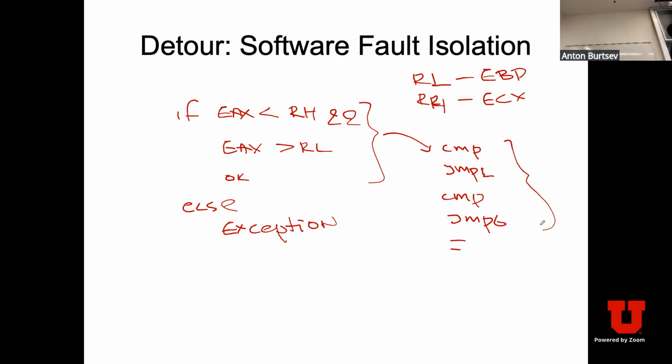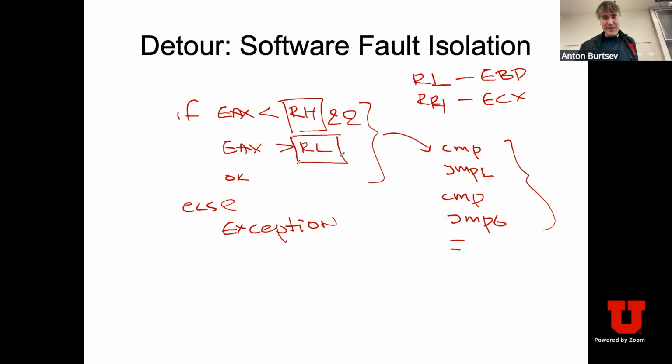Can we minimize two comparisons and two jumps into something smaller? And what will be in the table? You can keep the upper and lower bounds in a table. People usually put them in registers to avoid an extra load from a table, although you're right, you can use a table as well. But any ideas for how to implement those?